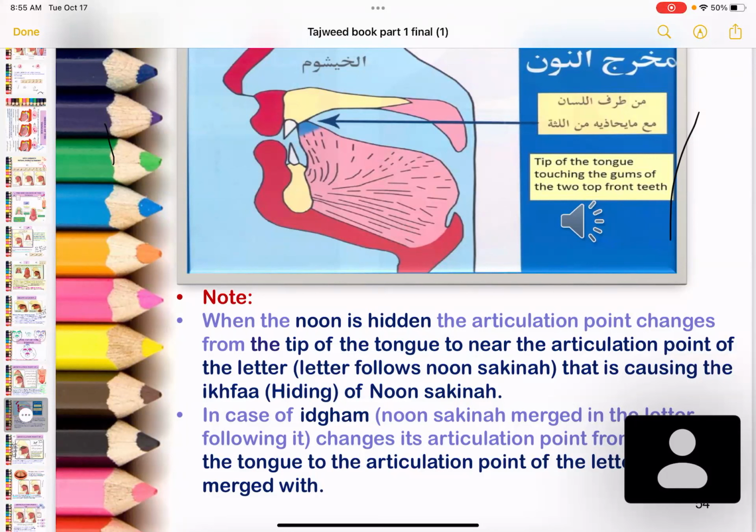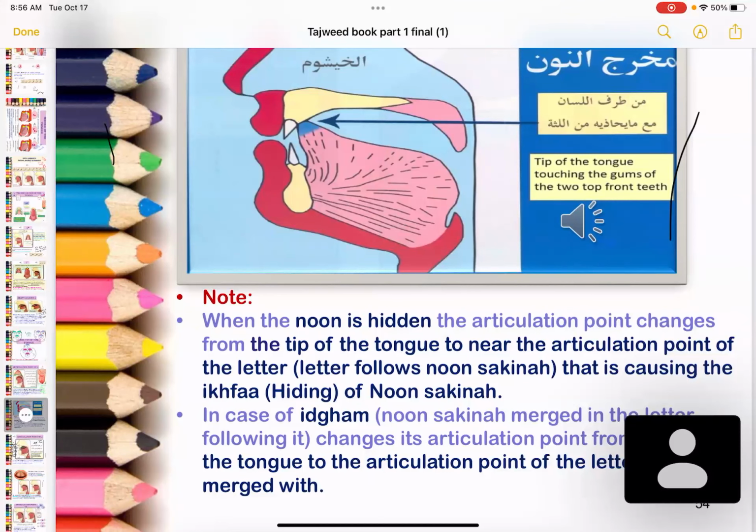I bypass it and go to the next makhraj, which is fa here. So I'll say it as anfusihim. Here, the tip of the tongue is not touching the makhraj of noon. I get it close to the makhraj of noon, I do not touch it, and I go immediately to the makhraj of fa. And that's how I hide the noon sakina.